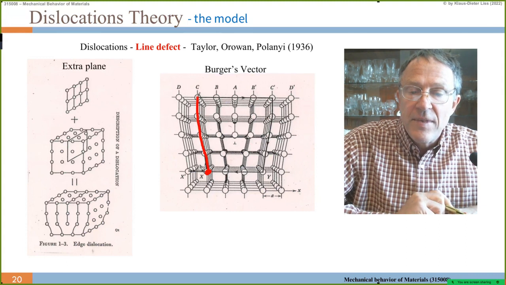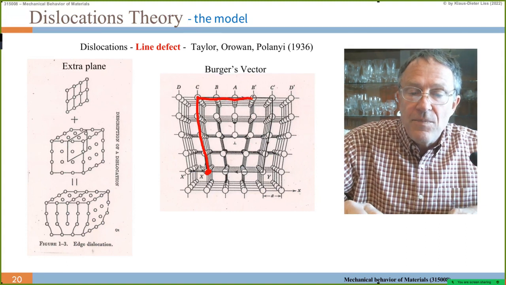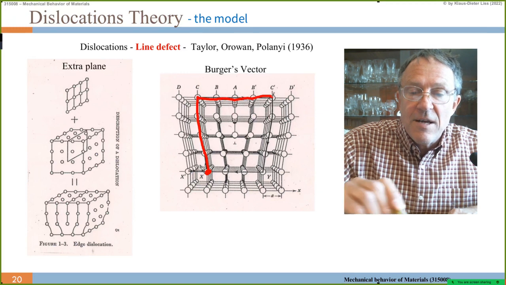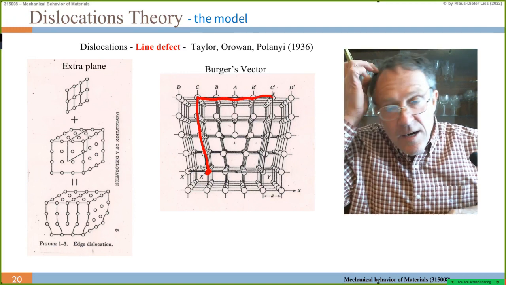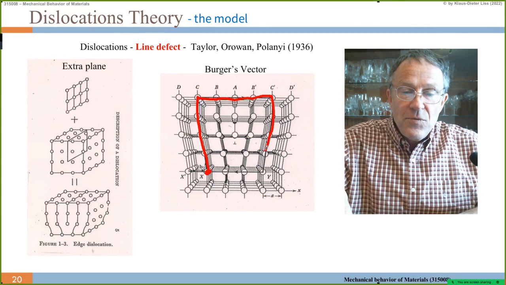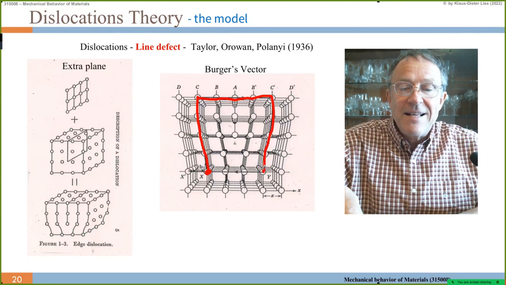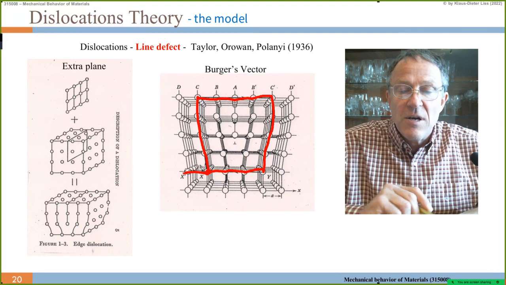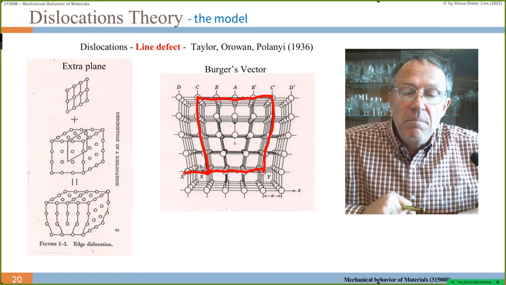Then we go 1, 2, 3, 4 steps over. In a normal crystal, if I go 1, 2, 3, 4 steps down and 1, 2, 3, 4 steps over, I should come back to the same location.